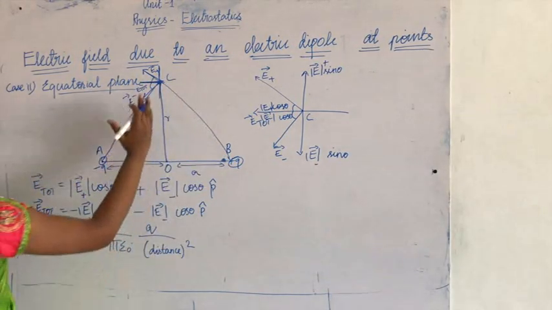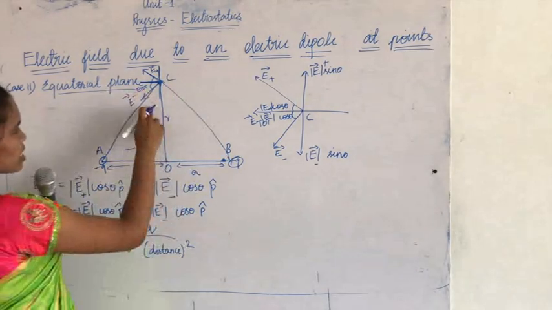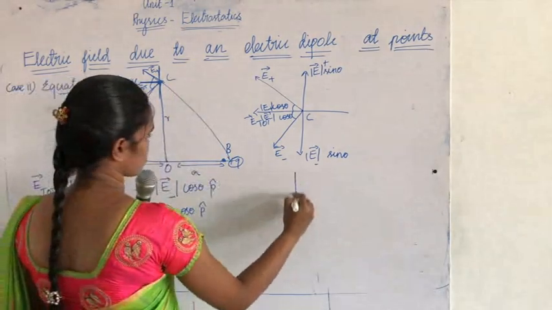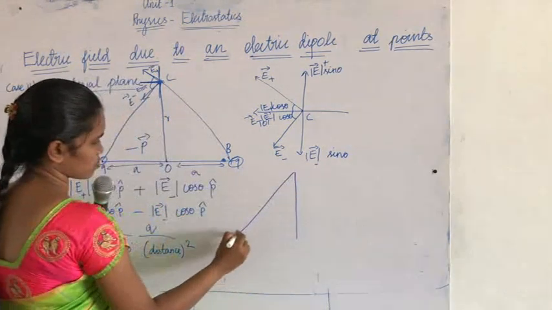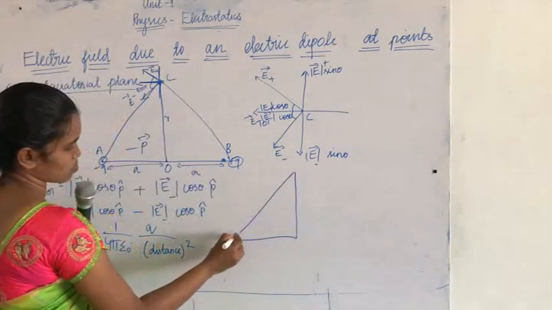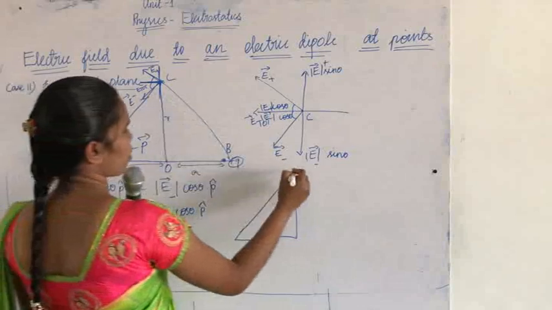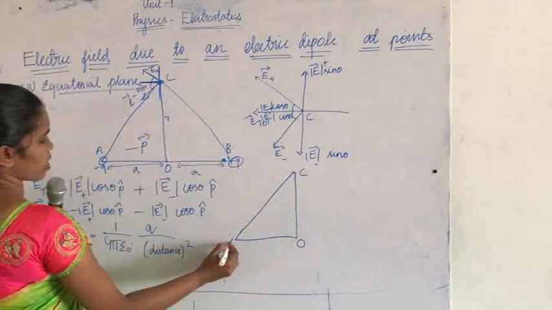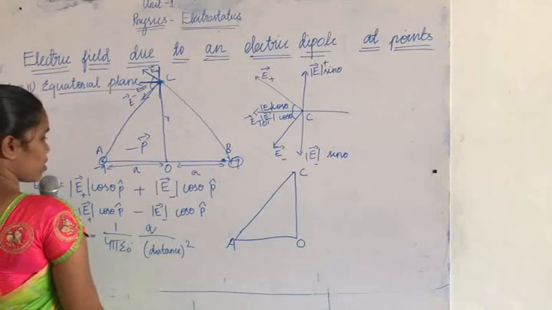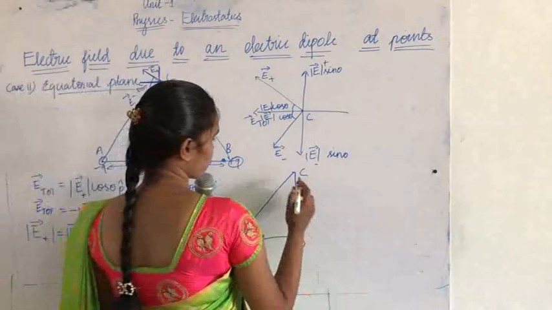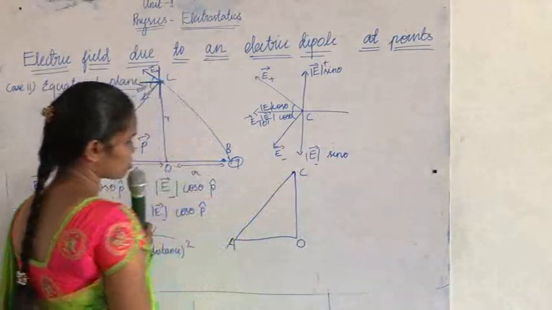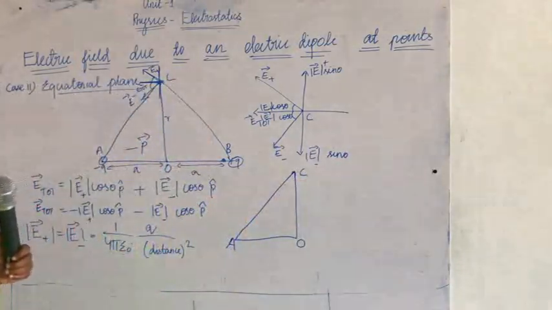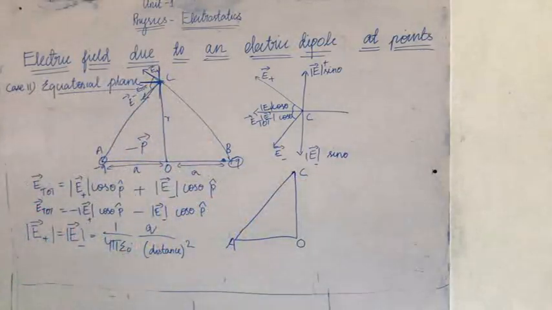Now take this triangle, point C, point O, point A. Now you apply Pythagoras theorem. Do you know what is Pythagoras theorem?